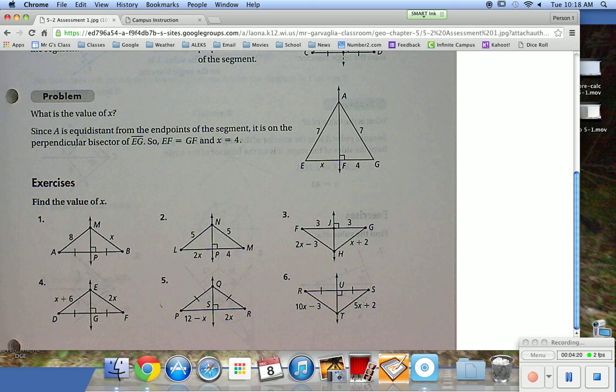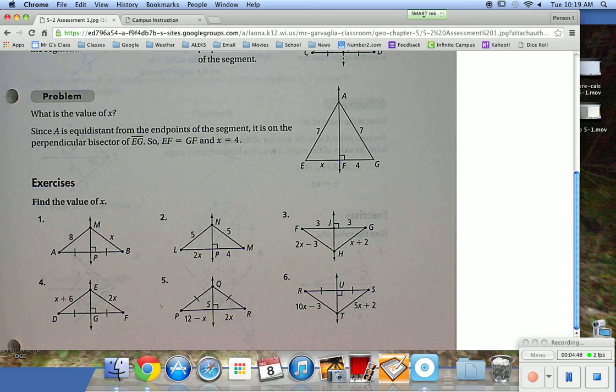We have 5 and 5, so it says my hypotenuses are equal because it's perpendicular. So what do we do here? We got 2x and we got 4. Why would it be x equals 2? You'd set 2x equal to 4 and solve it, right? Because these two sides are equal. 2x equals 4, x equals 2.